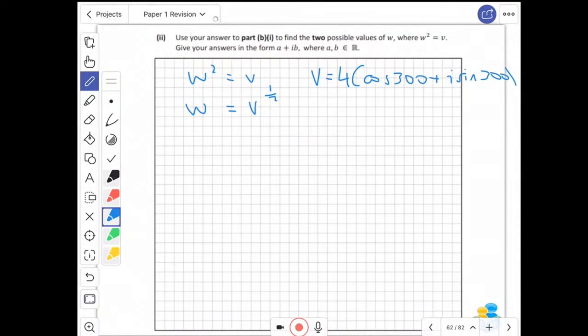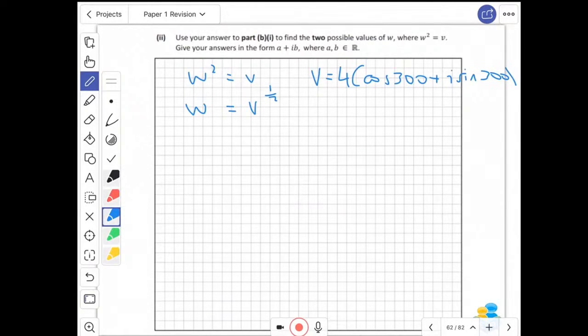But what I need to remember is because I'm dealing with roots, okay, we're dealing with the fact that it's cyclical, okay, and we can get our answers in different sections of our graph.